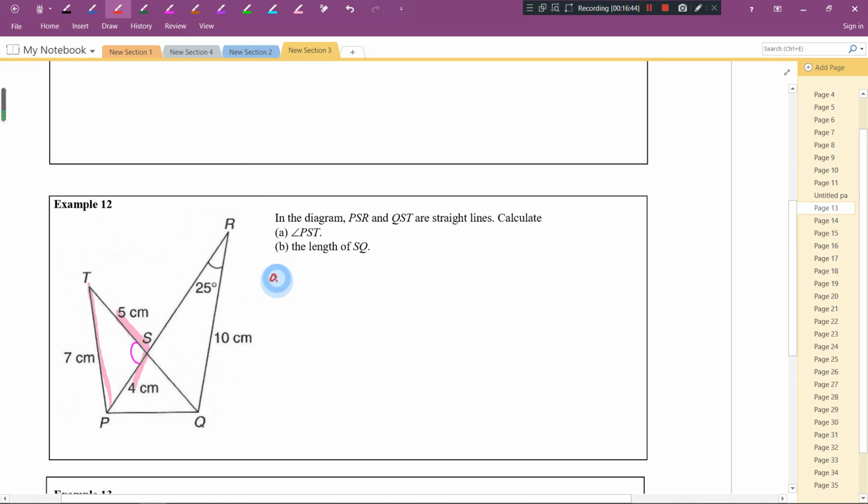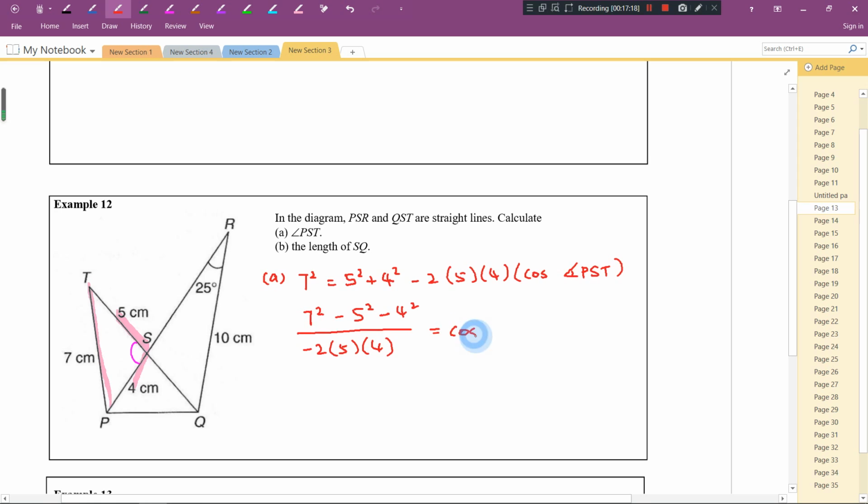7 square is equal to 5 square plus 4 square minus 2 times 5 times 4 times cosine this angle PST. So 7 square minus 5 square minus 4 square over this whole thing will be equal to cosine angle PST.